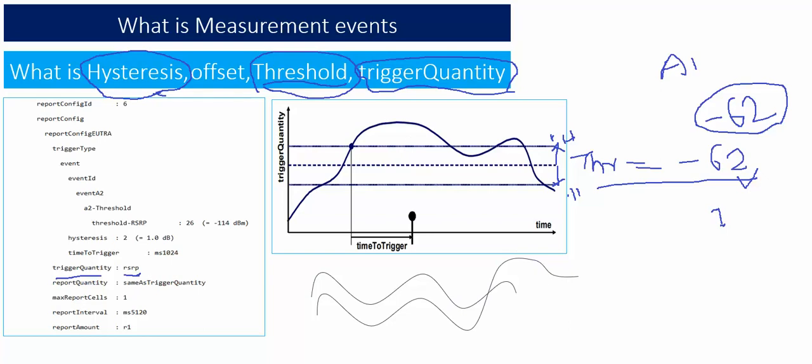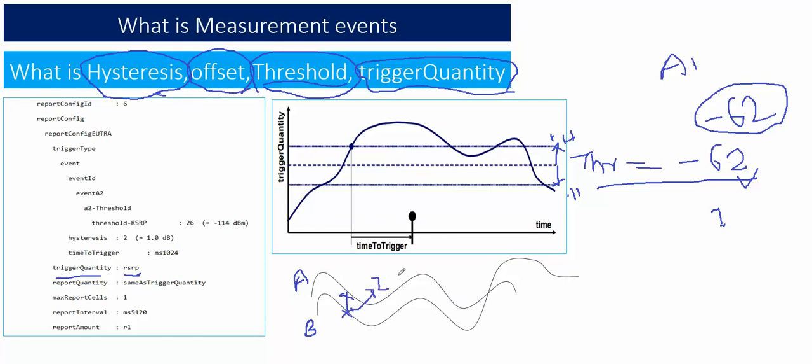And next, we should know about offset. What is offset? I think generally everyone knows about offset. Offset is the difference between, suppose, two signals. Suppose here is signal A and here signal B. The difference between them is, suppose, 2 dB.